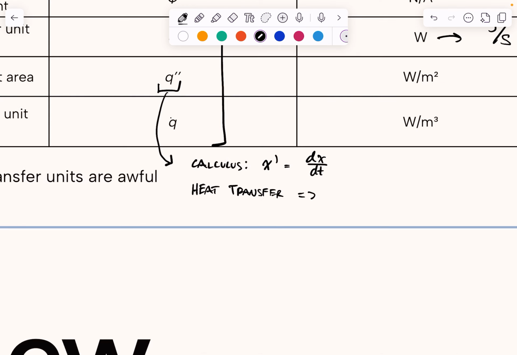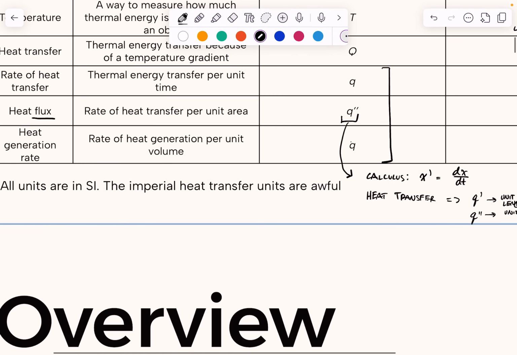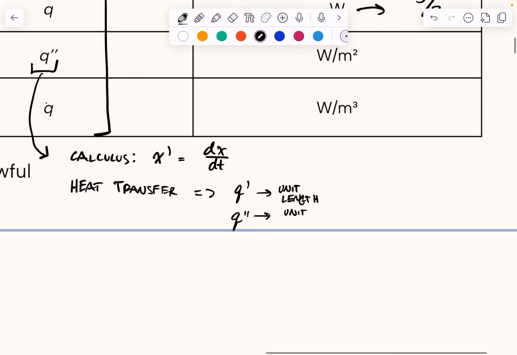So q prime relates to unit length. When you see q prime, that means it's heat transfer per unit length. q double prime means per unit area, in which case we call it heat flux, right?